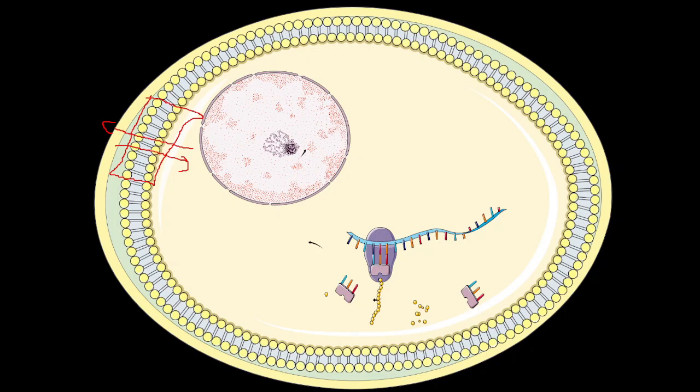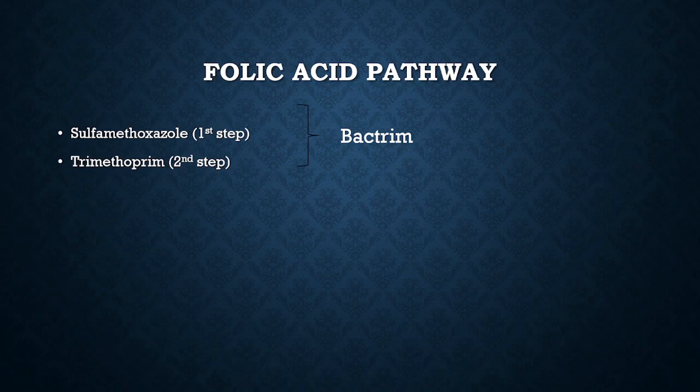So that's basically what these drugs are going to do, the daptomycin and the polymyxins. They're just going to have an effect on the integrity of the cell membrane. Then if we move on to the next mode of action, it's going to be your folic acid pathway, or your folic acid inhibitors, if we can say it like that.